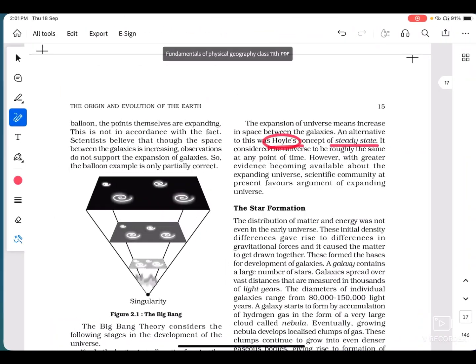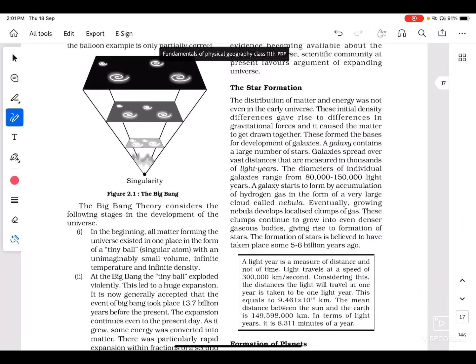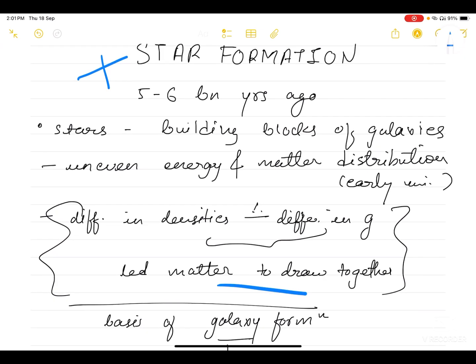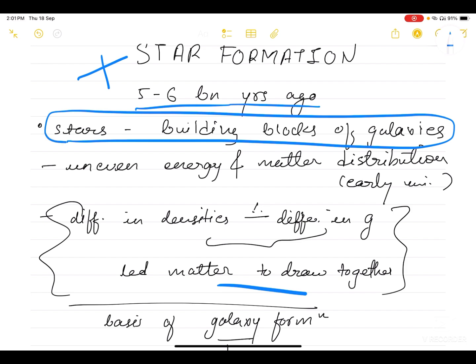Now let's get into the next topic, star formation. Star formation is said to have occurred 5 to 6 billion years ago, and stars are the building blocks of galaxies.